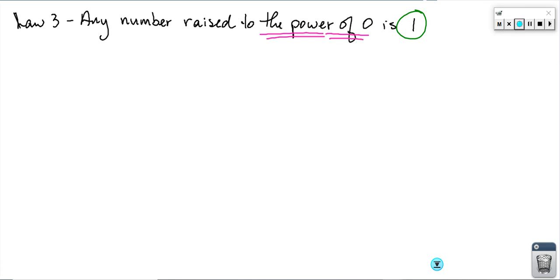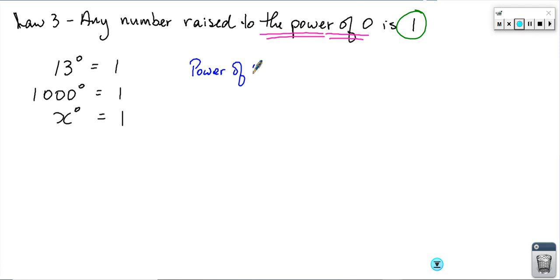For example, 13 to the power of 0 is 1. 1000 to the power of 0 is 1. x to the power of 0 is 1. Anything to the power of 0 is 1. Why is this so? What does power of 0 mean? Well, power of 0, this is an important piece of information.